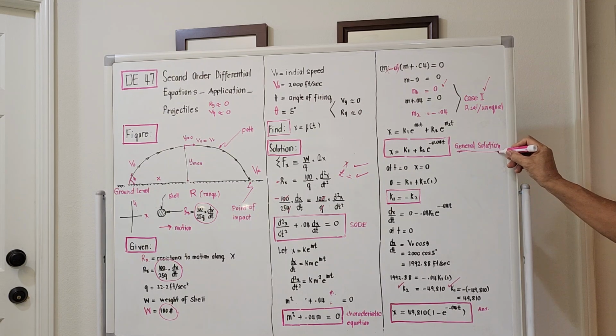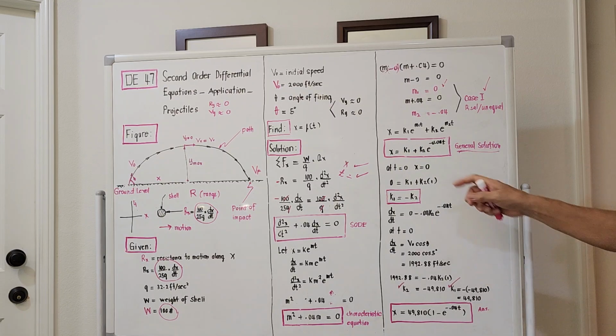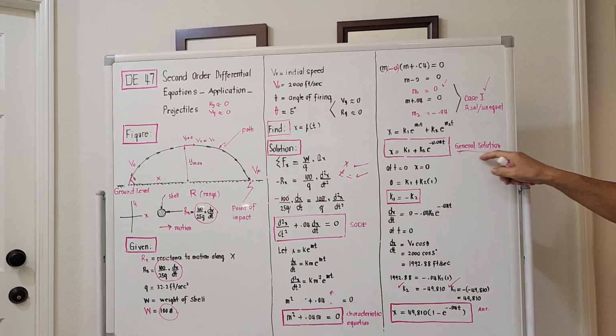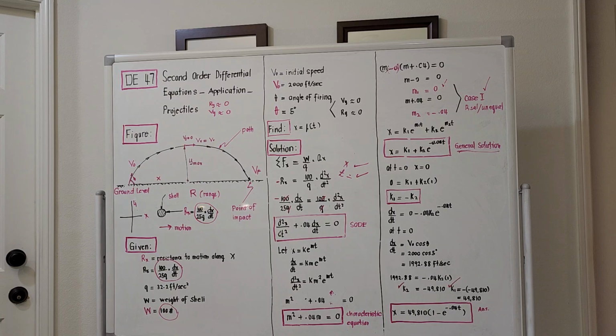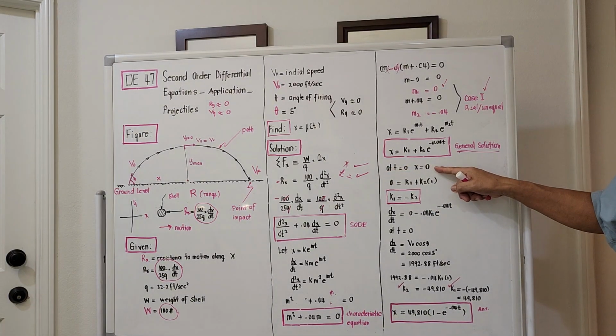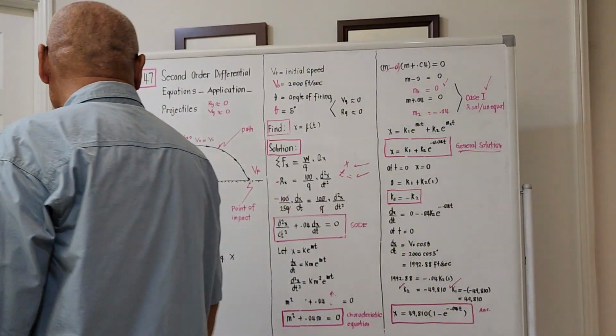We are now given the relation of x as a function of time, but for the meantime, we do not know the value of k1 and k2, so this is still a general solution. Let's try to compute for the values of k1 and k2. Initially, at time t equal to 0, x is equal to 0. How is that? It's easy, guys.